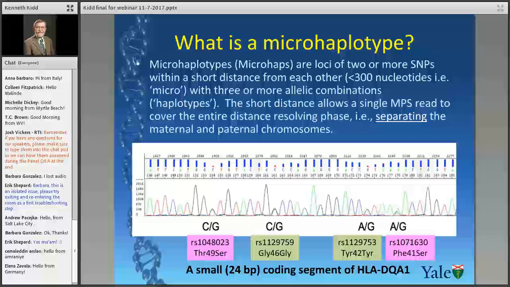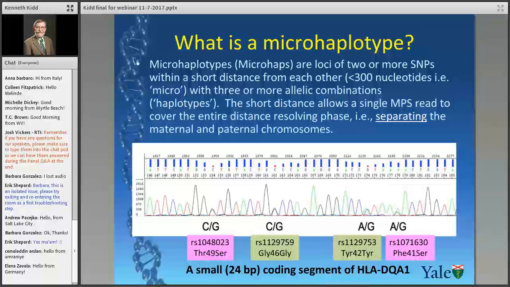However, the bottom line here is that microhaplotypes can be good for all of these forensic purposes. So what's a microhaplotype? A segment of 2 or more SNPs, could be an indel, but I'm dealing in my lab only with SNPs, within a short distance from each other, 300 nucleotides maximum, with 3 or more allelic combinations.